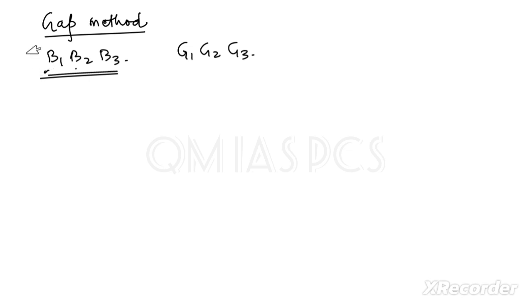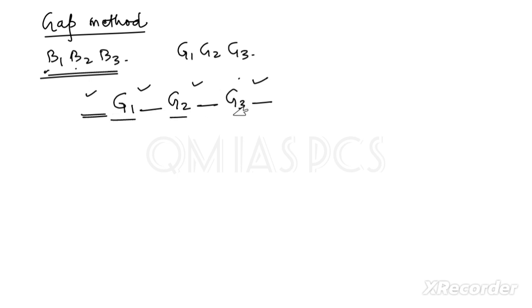So we have to consider that after G1 there is a gap, after G2 there is a gap, after G3 there is a gap, but there can be one more gap here. So there are 4 gaps. Now first we have to understand the arrangement of girls.